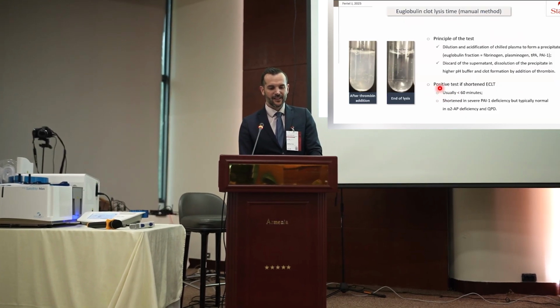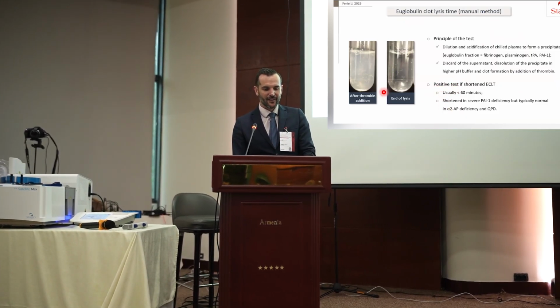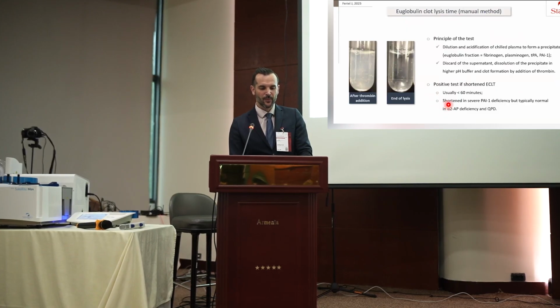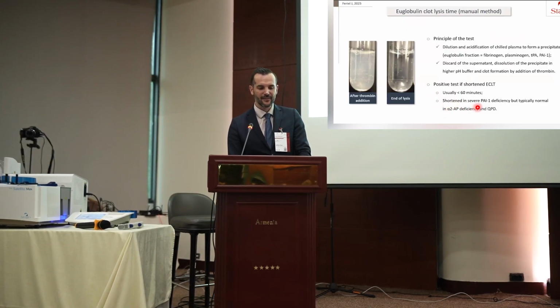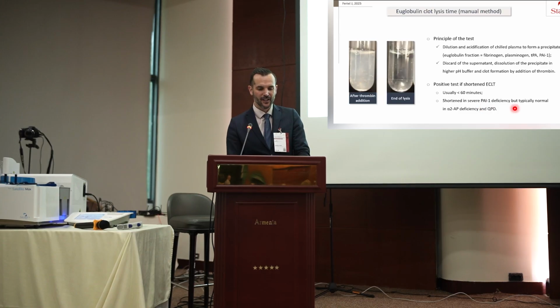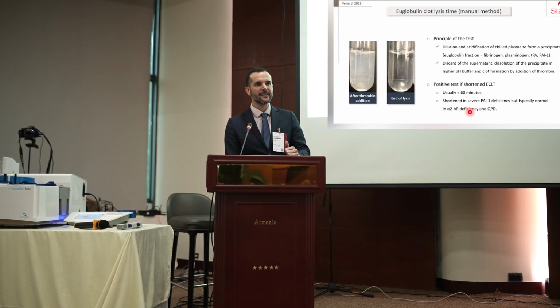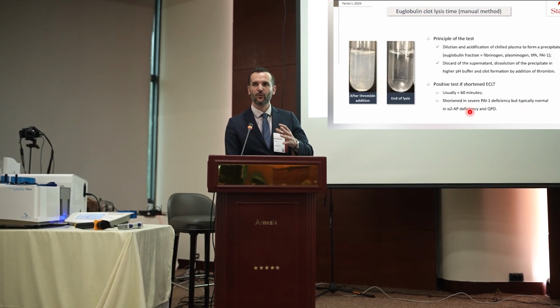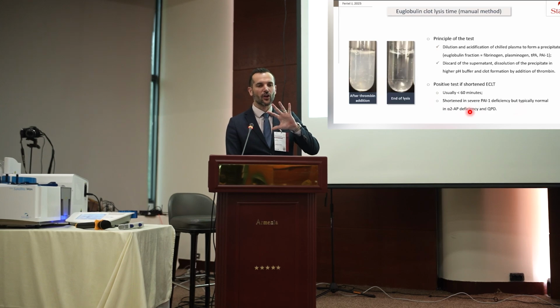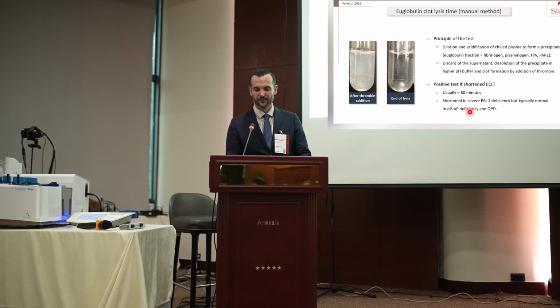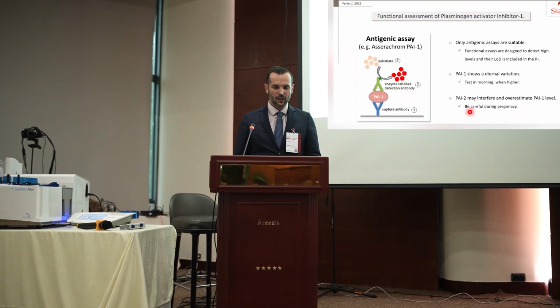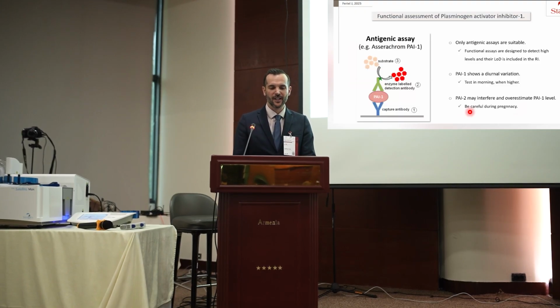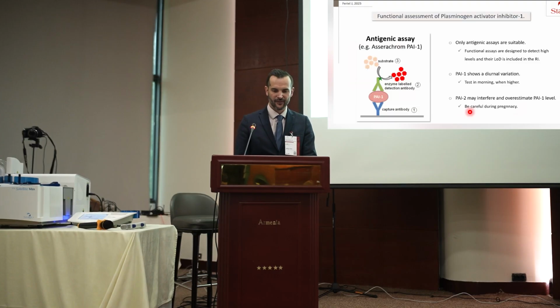This test will be positive in case of severe PAI1 deficiency, but it will typically be normal in alpha-2 antiplasmin deficiency. It means that this test is not sufficient if you want to look for disorders of fibrinolysis. So usually, we add functional assessment of plasminogen activator inhibitor 1.